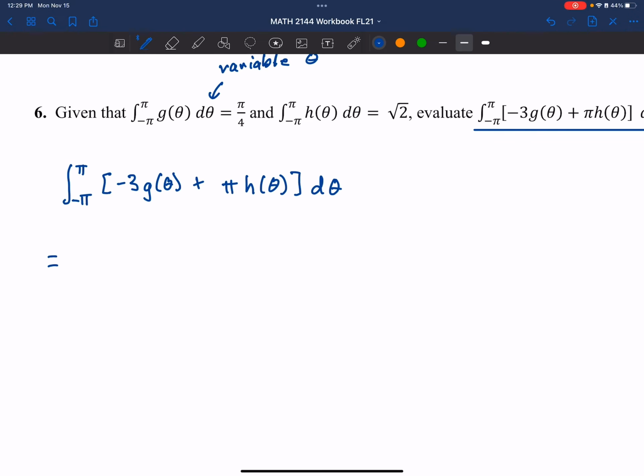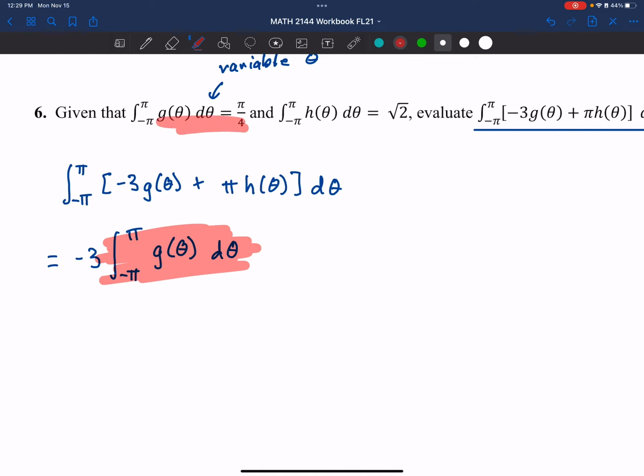So we have a couple rules here. The first one is that this negative 3 can be pulled out in front of the definite integral. So we have then g of theta, and then we're just going to evaluate that. Granted, we were already given this, right here. So notice that we just used the constant multiple rule to bring that out in front, and then we're using the sum rule to continue to write.